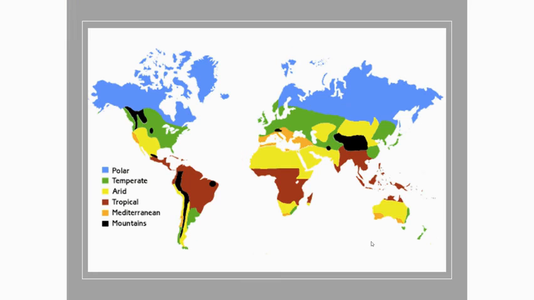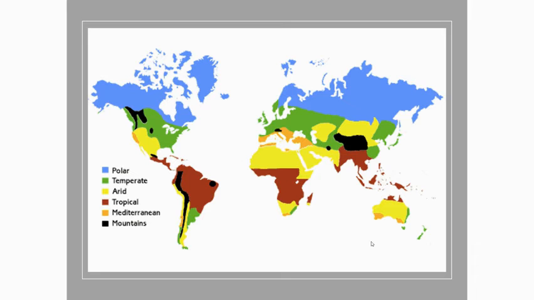We can see the effects of these cells on biomes and the locations of those biomes. So notice how tropical biomes tend to be near the equator, right? If you're looking at South America, you're looking at the equator running through Ecuador and Brazil and maybe the north part of Argentina. But then parts of Africa that are near the equator are very tropical, as well as southern India and most of Indonesia, and maybe even a little bit of northern Australia.